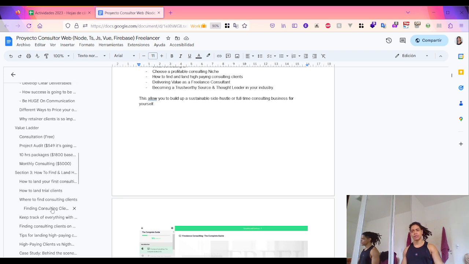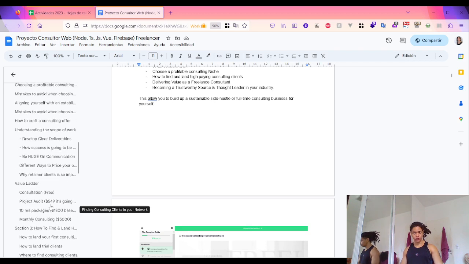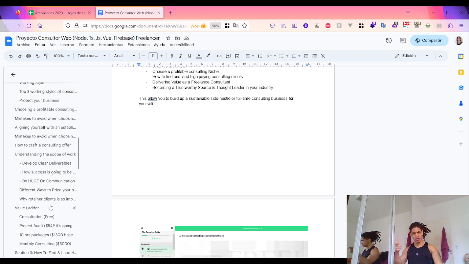And also the things involved in that, such as understanding the scope of the work, as well as asking a couple of questions here, such as developing clear deliverables, asking how success is going to be measured, and being huge on communication, because you don't want the client to think that you forgot, even though you're working behind the scenes.